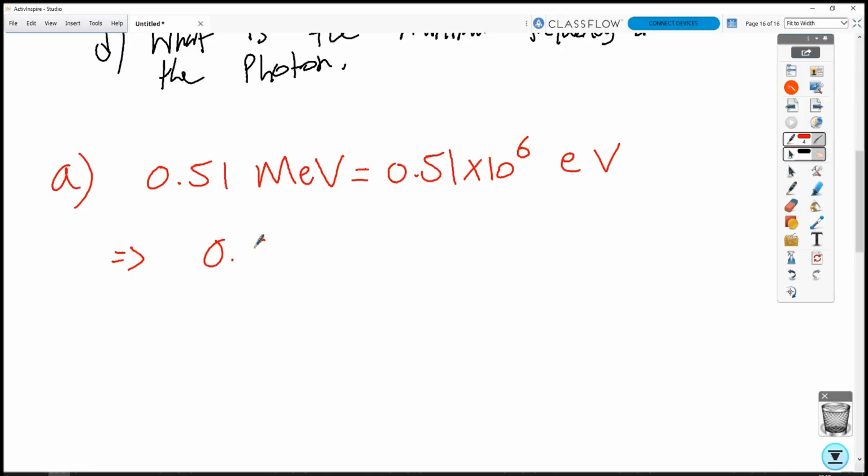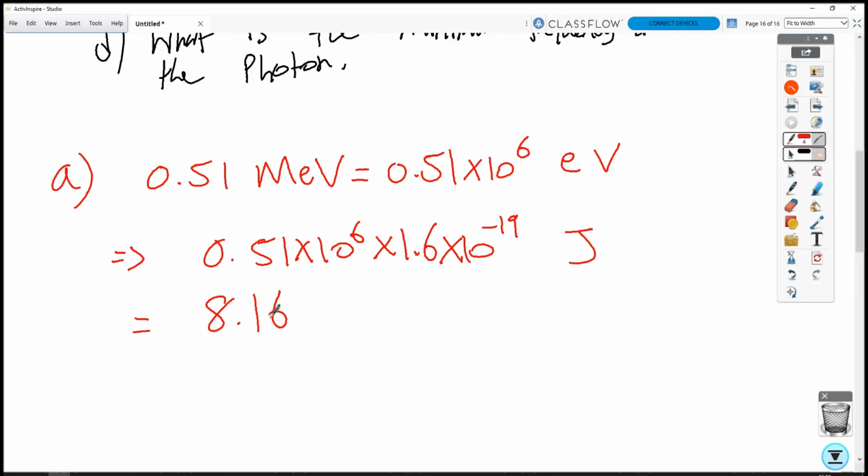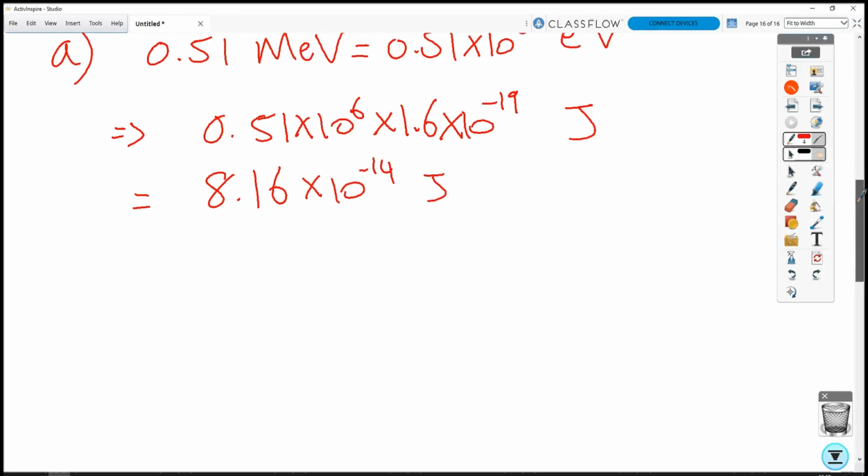So that's 0.51 times 10 to the 6 times 1.6 times 10 to the minus 19 joules, and that is equal to 8.16 times 10 to the minus 14 joules. So that's part A solved.